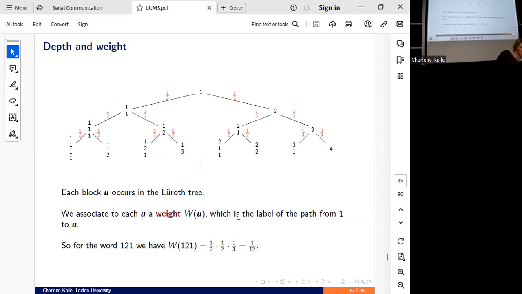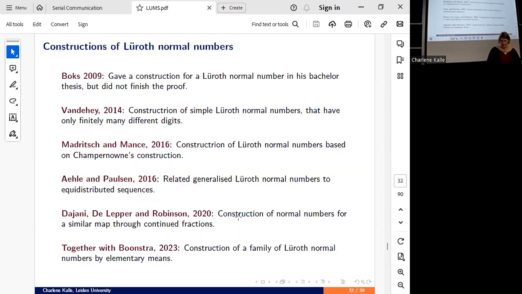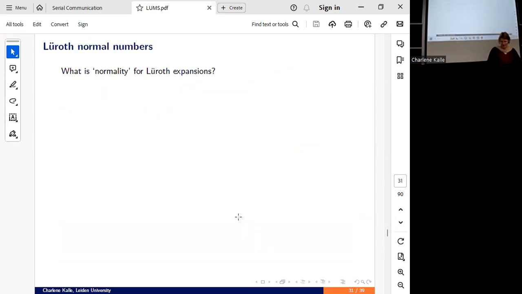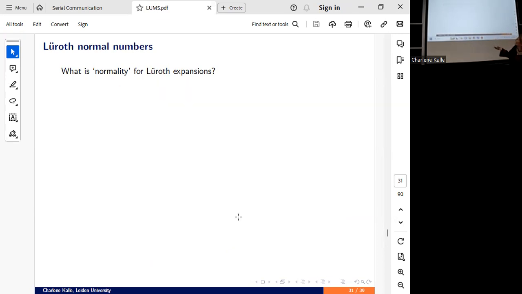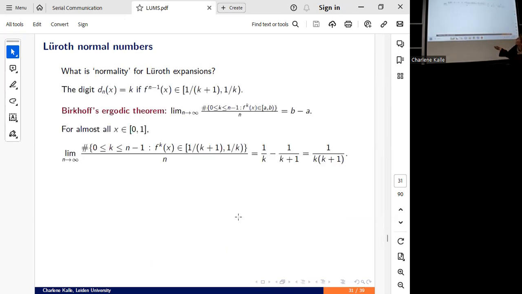Let me see. So this is what you're after, right? I don't know if I have a version with the digits, probably not. These are the type of limits that you look for.